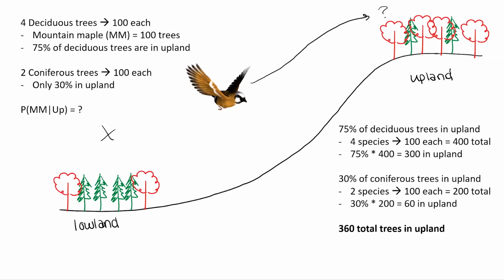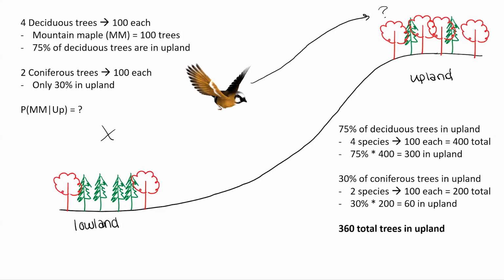So that'd be 75 out of 600 trees, right? Because it's not given. It's just what's the probability that it landed on one of the 75 trees that is a mountain maple in the upland habitat out of the 600 trees. The probability of mountain maple and upland is 0.125.